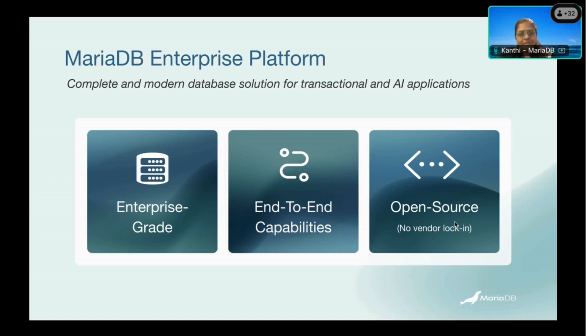Today with MariaDB, all of it is possible for you. That is why we call ourselves enterprise grade. We have end-to-end capabilities, without compromising on security, and it is fully open source community development.